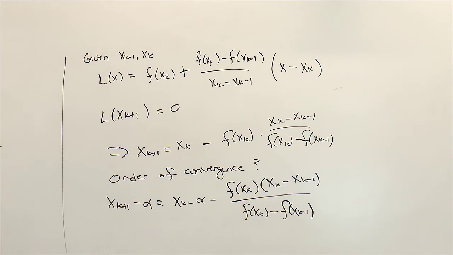Okay, and again, we're going to kind of pack it over one common denominator and see if we can try to simplify these a little bit. And simplify means that we really want to get things in terms of xn minus alpha kind of terms.